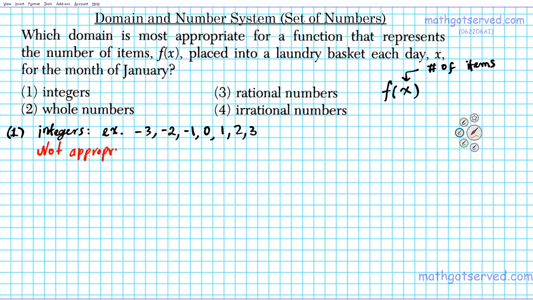You might wonder, why is it not appropriate? Well, it's not appropriate because you cannot put negative clothes in a basket. You can only put a positive number of clothes. It doesn't make sense to put -2 shirts in a basket. That makes no sense. So the number of items or clothes, think about them as clothes, cannot be negative.